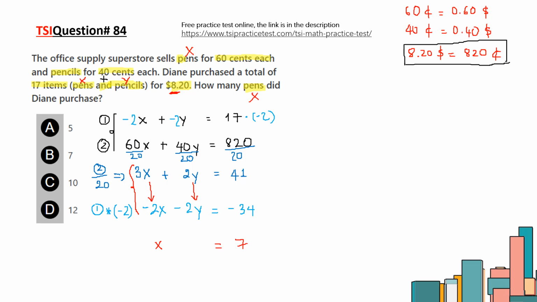How many pens did Diane purchase? 7. Diane purchased 7 pens.